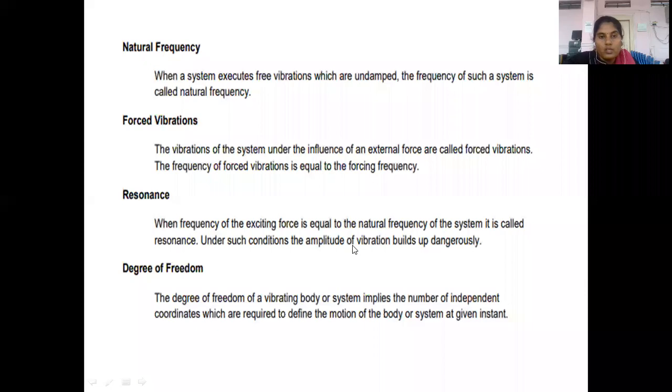Now we move towards the next one. I request all of you, please write down these definitions. These definitions are very important. Write down natural frequency.